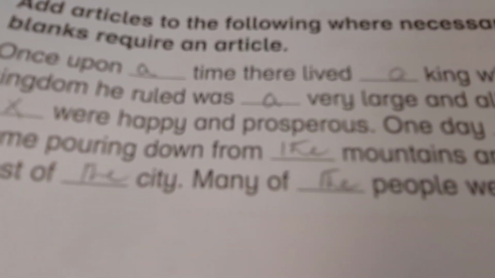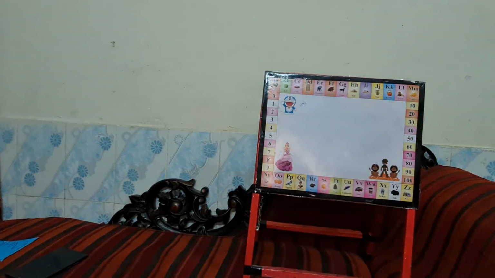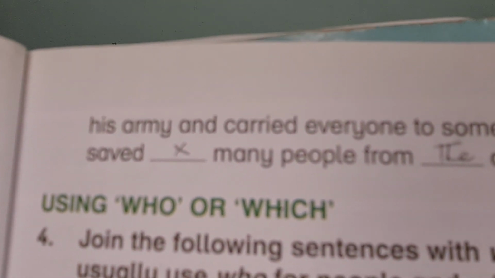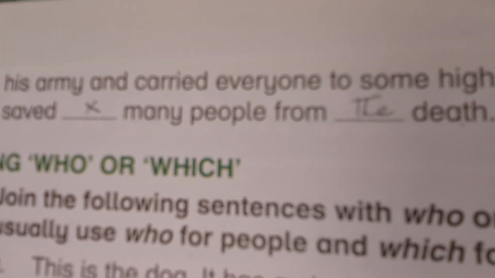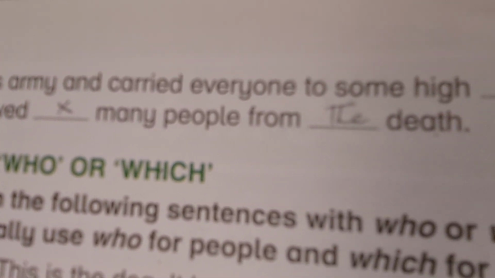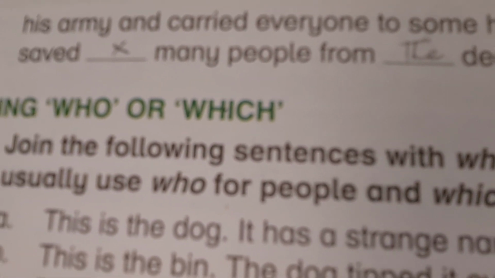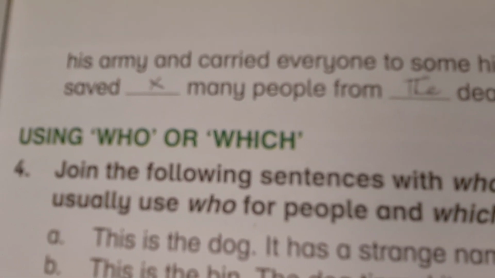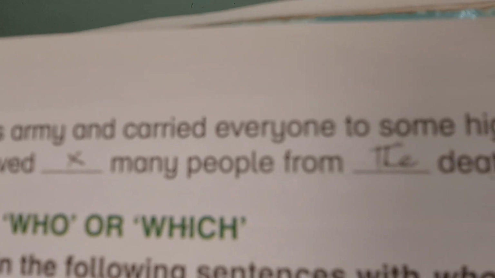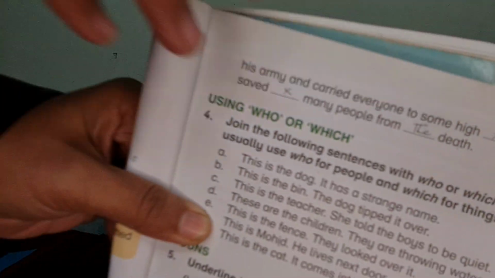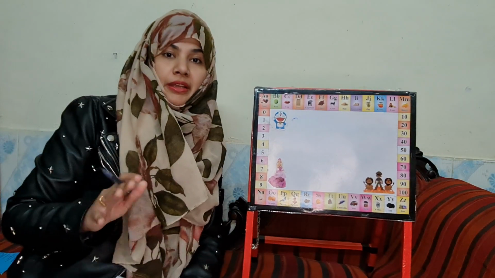Many of the people were drowned, but the king sent his army and carried everyone to some high ground. We are not supposed to use an article there because high is already used, okay? In this way, he saved many people. Many people is used, so a or the is not needed. From the death.